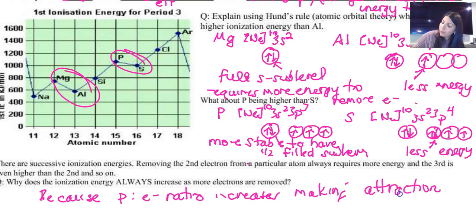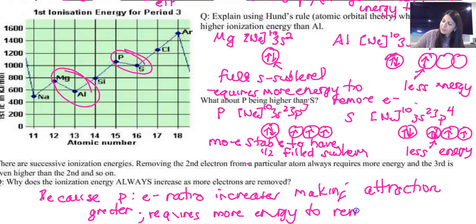And when I'm talking about which attraction, I'm talking about the electrostatic attraction, the protons to the electrons, greater. And if that's greater, then that means it requires more energy to pull those electrons off, okay? So it requires more energy to remove another electron. Okay, and so that's kind of the idea, is it ends up increasing.